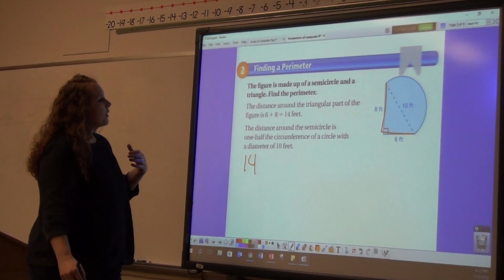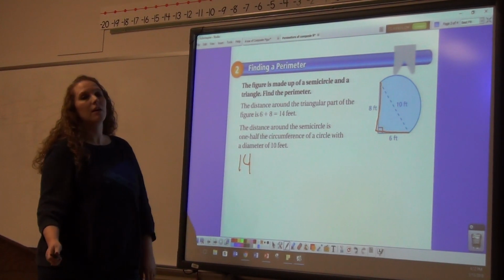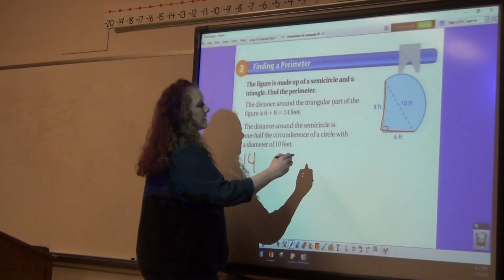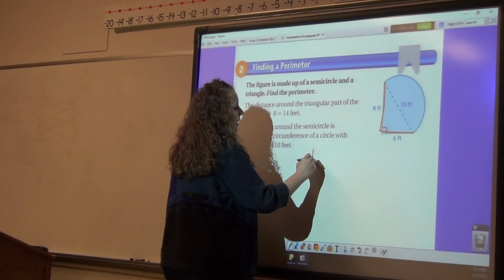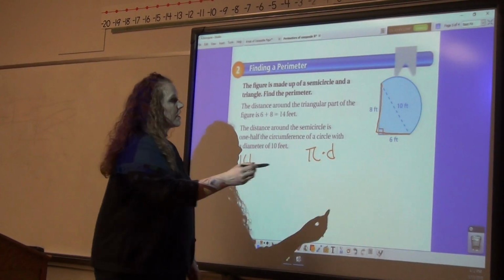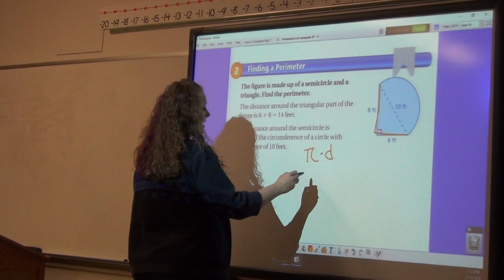And then the perimeter of our semicircle is half of the circumference of a circle. And our circumference of a circle is pi times the diameter. And we know that our diameter is 10, so it's going to be pi times 10.